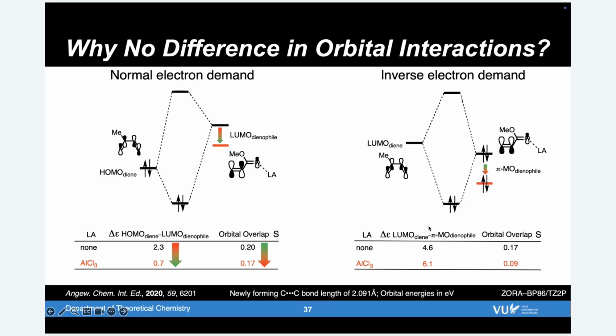So here you have the LUMO-pi MO gap for the uncatalyzed reaction, 4.6. Here's the overlap with the Lewis acid. Now your energy gap is much larger. The overlap is also worse. So while strengthening the normal electron demand interaction, you weaken the inverse electron demand interaction by means of the Lewis acid.